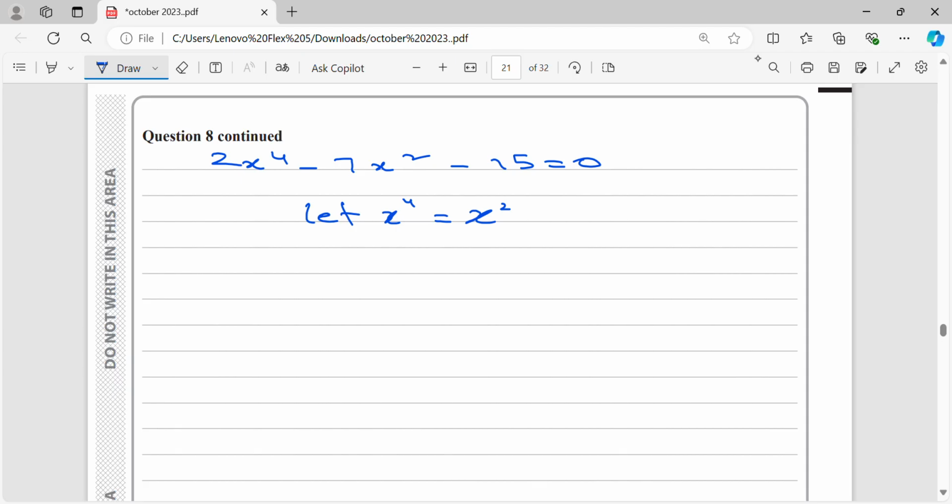So in this case, this would be 2x squared, and this would be minus 7x, because x squared is already here. And minus 15. I just replace x raised to the power 4 with x squared.